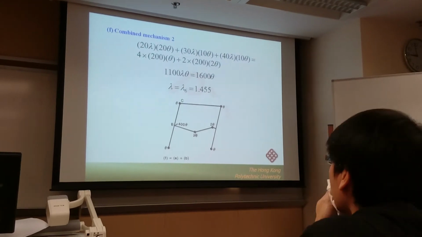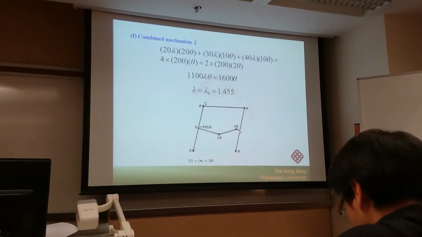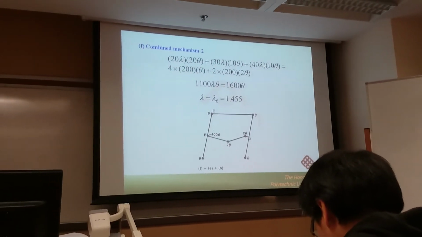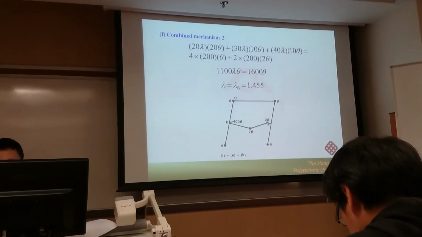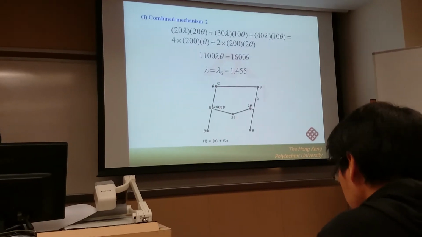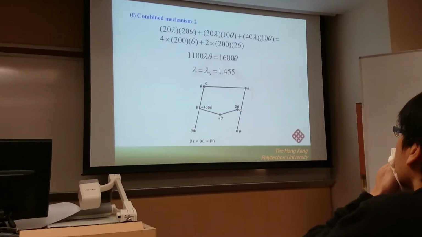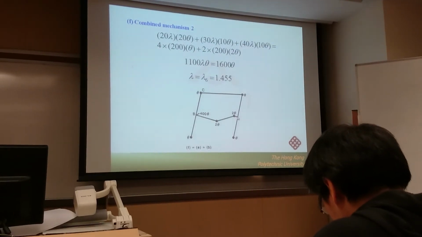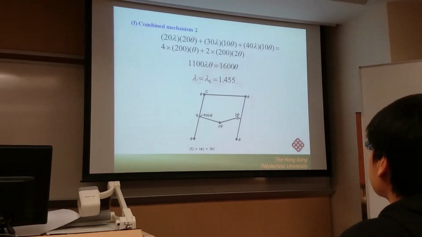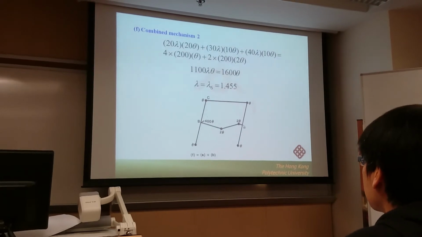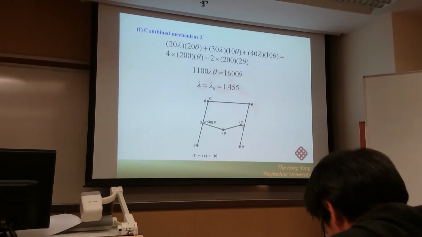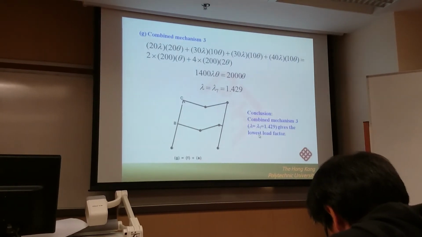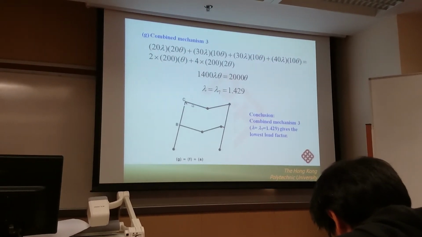Please understand, the relative rotation is equal to 2 theta because not just the rotation of the beam, there is also a rotation of the column. So for this point, the total rotation is equal to 2 theta. If I didn't provide you 2 theta, some students will make a mistake. So please understand, here is equal to 2 theta, and this is combined mechanism 3.